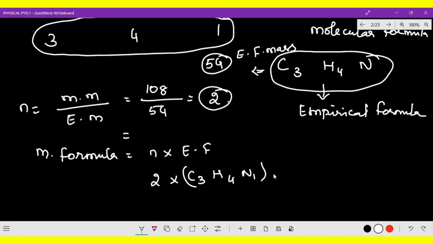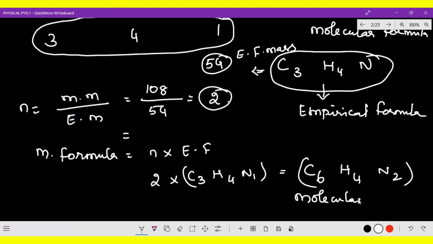This is a whole number, no? So you will get C, 3 into 2 is 6, and hydrogen 4 into 2, and nitrogen 2. This is the molecular formula.